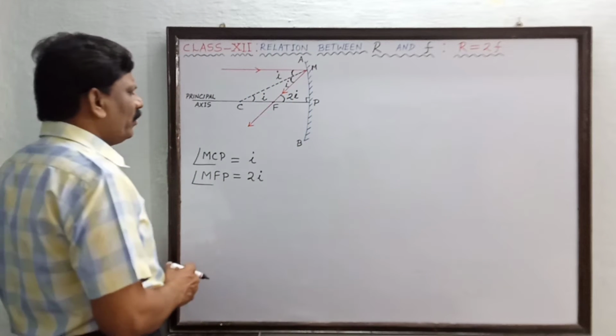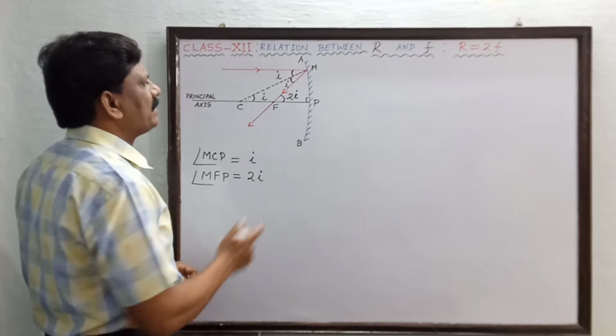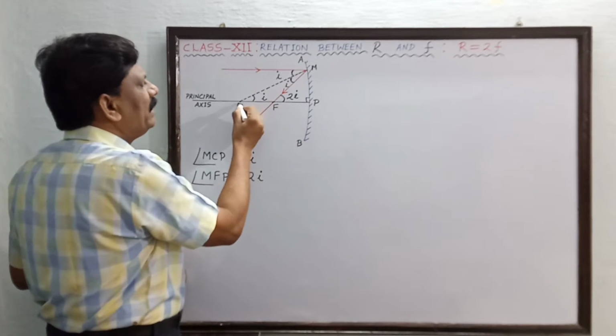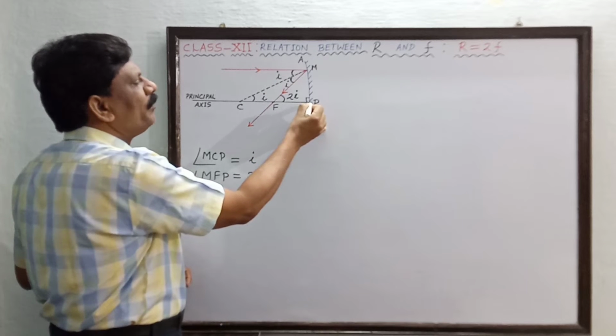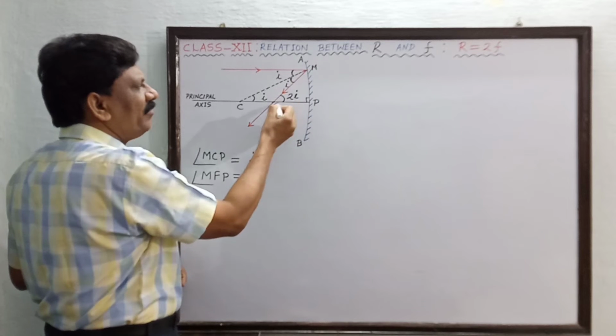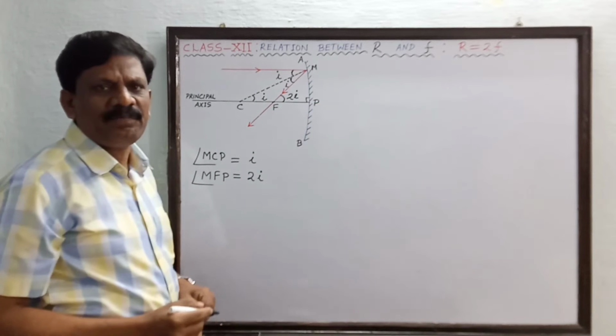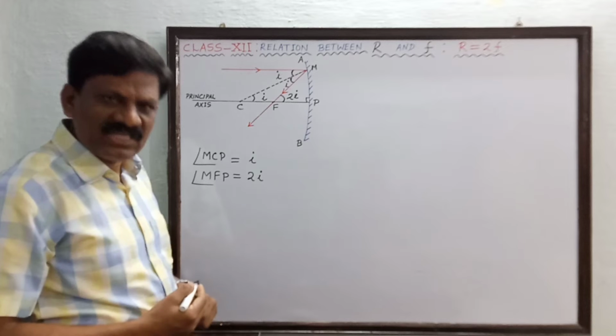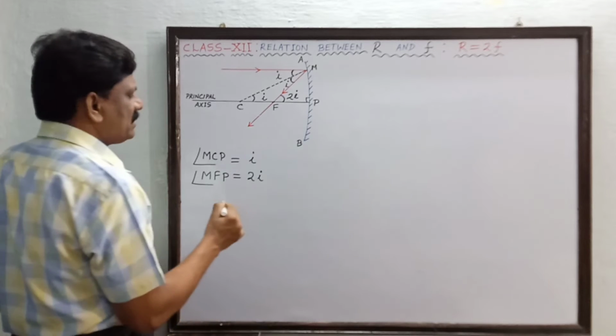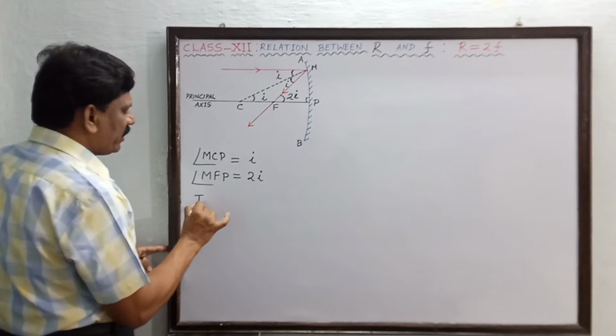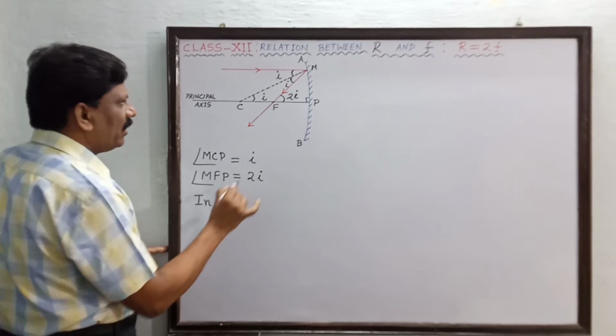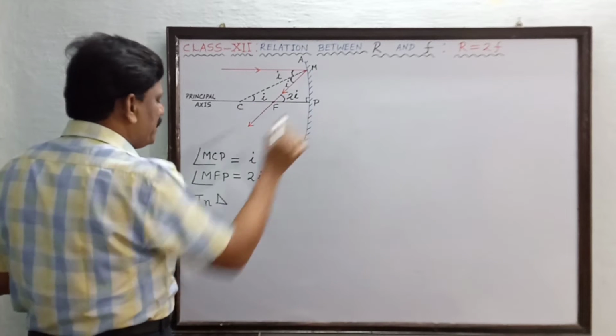Now I am going to consider two triangles, namely MCP, which is right angled at P, and also MFP, which is right angled at P. These two right angled triangles. Now first I will take the triangle, right angled triangle MCP.